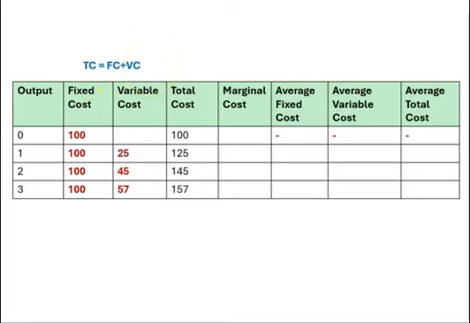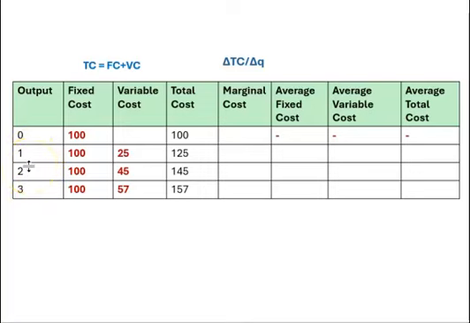For the marginal cost, it is important to remember and to know your equations, because your marginal cost is change in total cost divided by change in output. And once you put it here, it becomes easier to do your calculations. Output is changing by 1 because it's 1 less 0, 2 less 1.